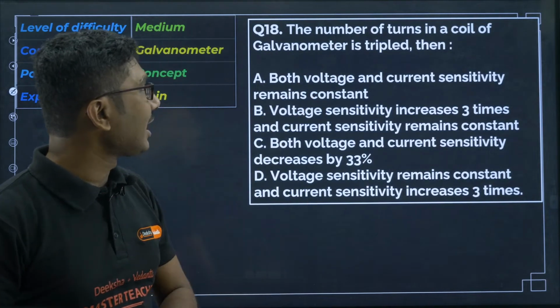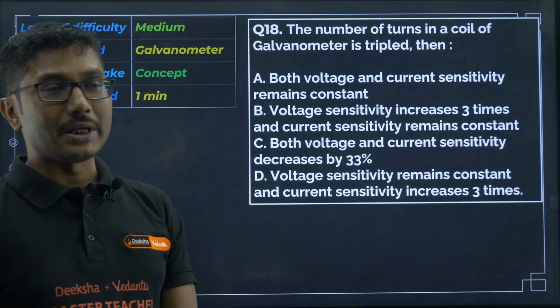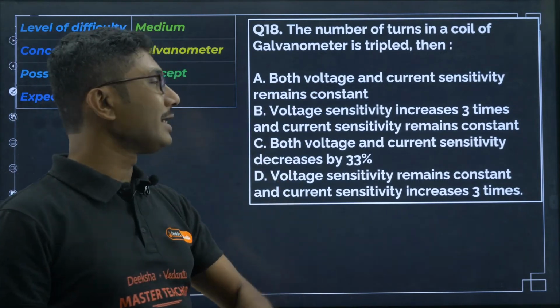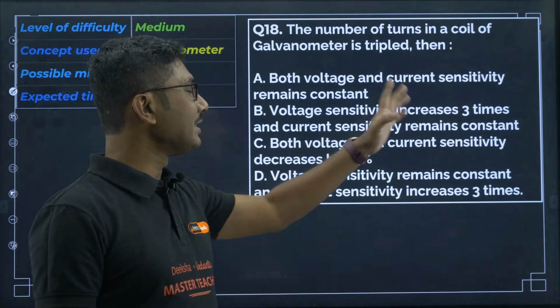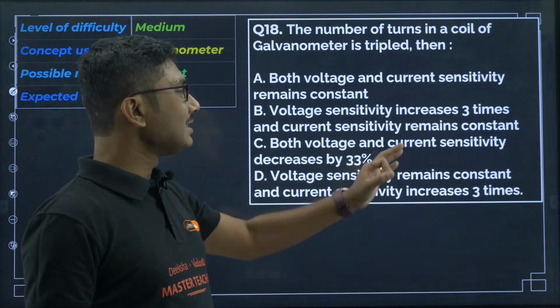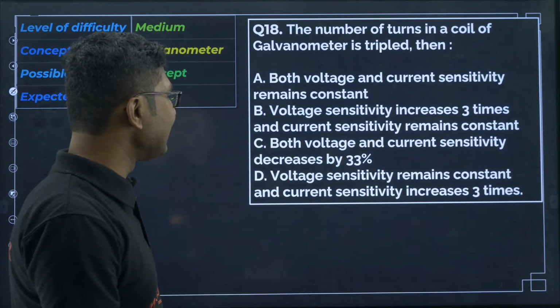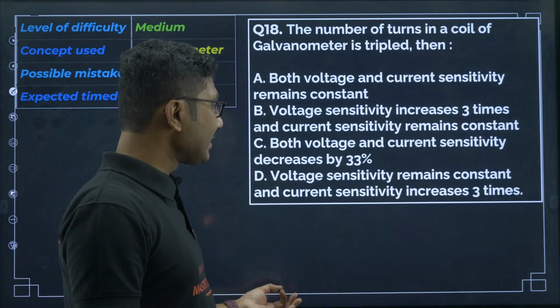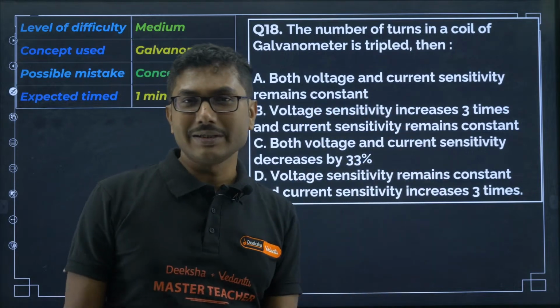One of the questions is like this: the number of turns in a coil of the galvanometer is tripled, then both voltage and current sensitivity remain constant. Voltage sensitivity increases 3 times and current sensitivity remains constant. Both voltage and current sensitivity decrease by 33%. Voltage sensitivity remains constant and current sensitivity increases by 3 times.